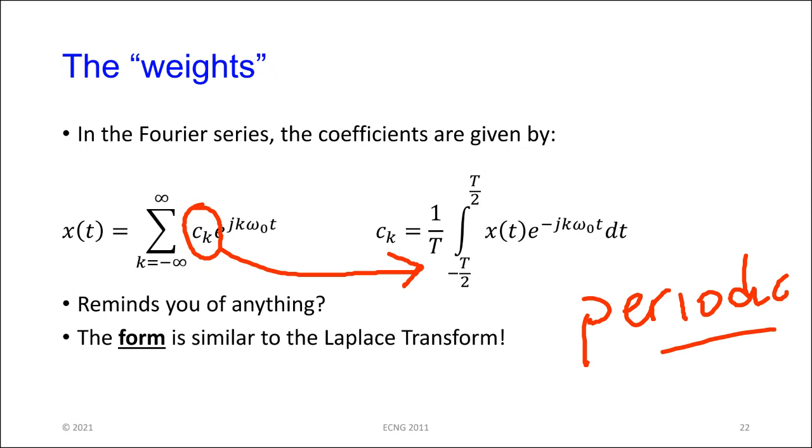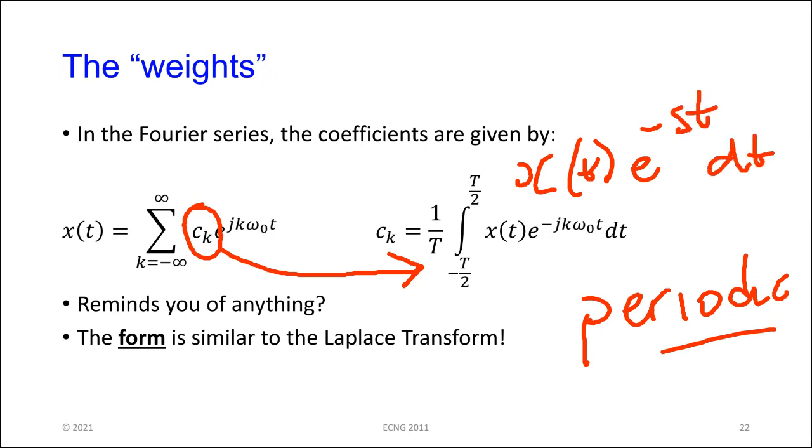Now this is where I was telling you that the Fourier treatment of signals and the Laplace treatment of signals start to get very similar. Notice this is very similar. It's starting to look like what we did with the Laplace transform. Remember, the Laplace transform is x of t e to the minus st dt.